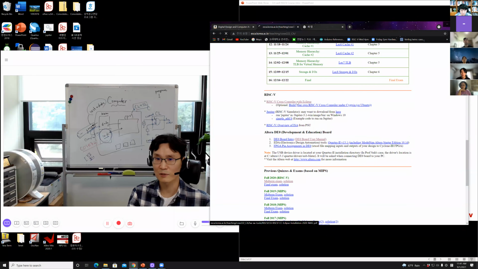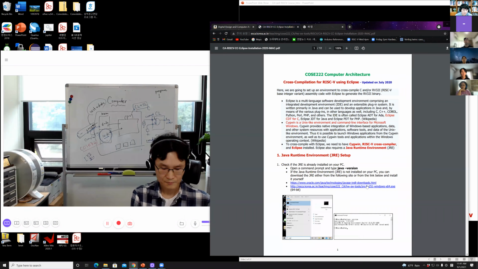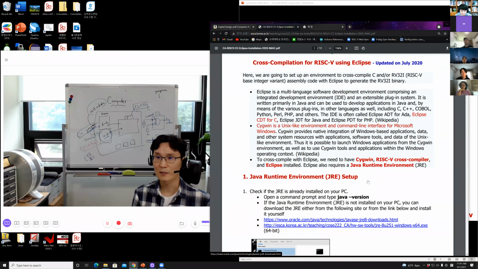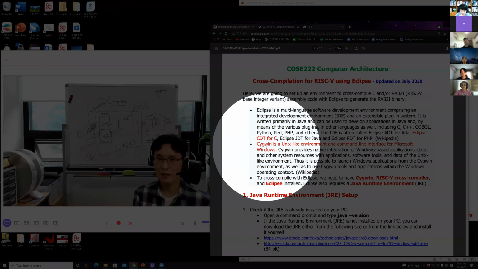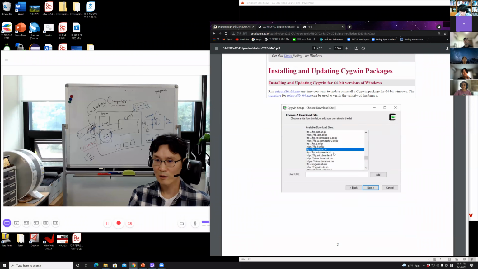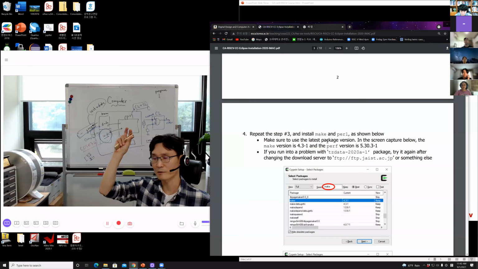That is the first assignment actually. You have to install Cygwin, a Linux-like environment, and also a cross compiler. The compiler translates high-level code into machine code, the instructions. Okay.